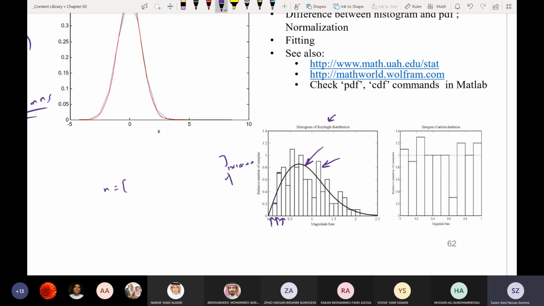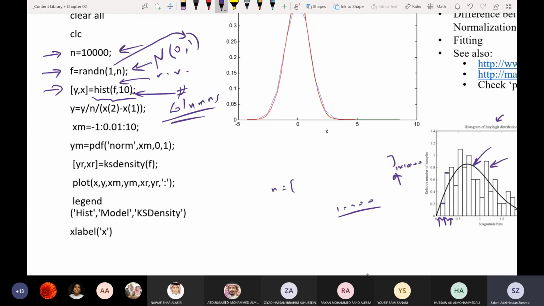So this is for this specific sample, for this specific vector. As the vector becomes longer and longer, the histogram will fit the real PDF more closely. So for example, if you have 10,000 data points, you will find that it is much smoother. And this is using 10 columns.